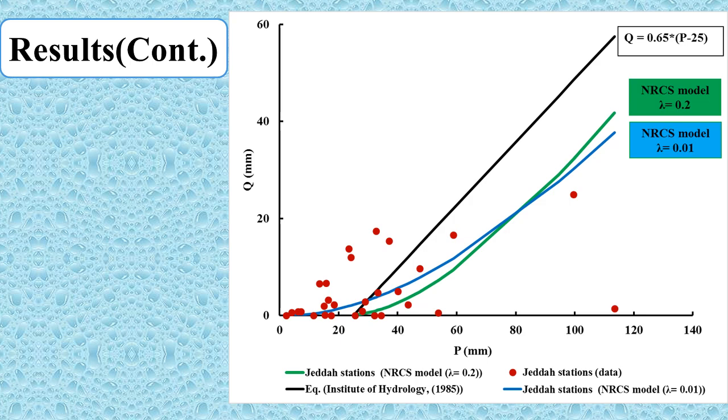You see different fits, but the fit for lambda equal 0.01 looks somewhat better, but we will compare this quantitatively later on. There is also a study by the Institute of Hydrology in 1985, which put a line fit to the data, which does not seem to be a good representation of the basin characteristics.